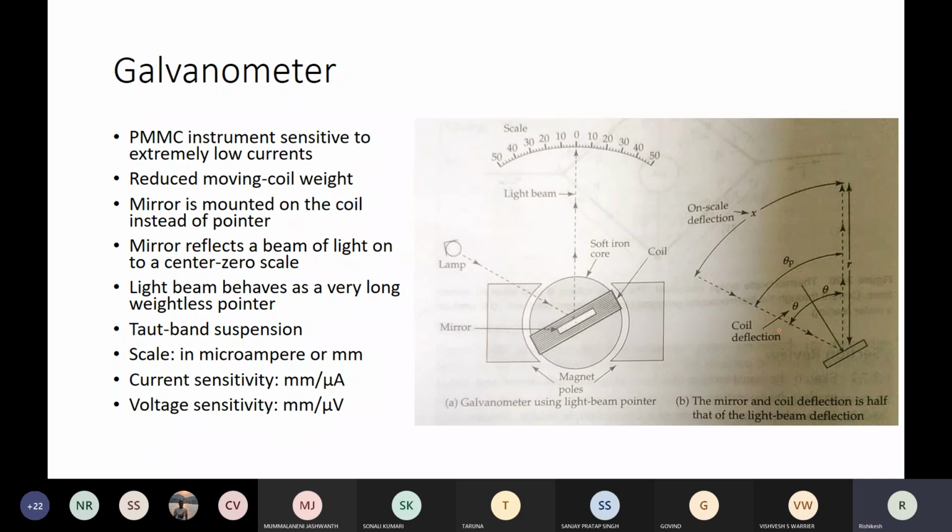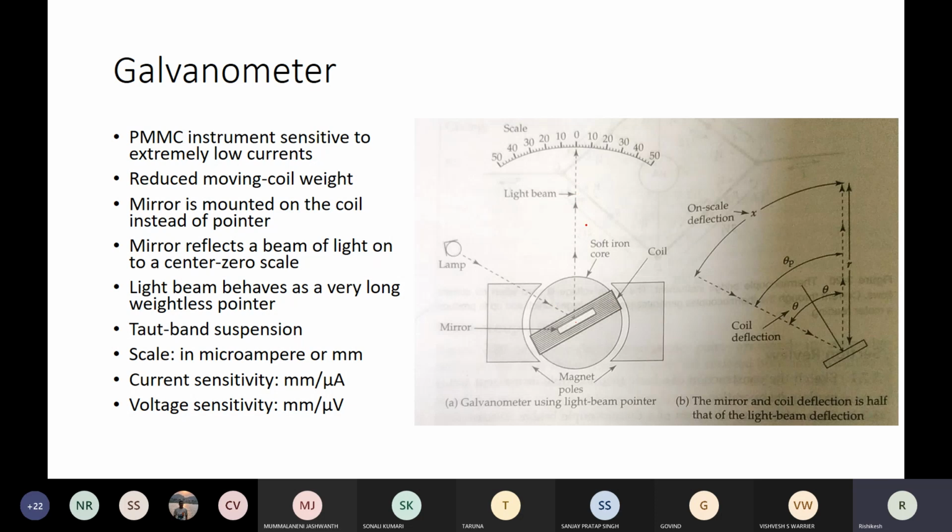It's a simple procedure, and the one important thing to remember in this case is that when the deflection occurs, the linear deflection, let's say, is x, and the angular deflection is theta p. Theta p is associated with the pointer deflection. It is double the deflection of the coil, due to the arrangement.